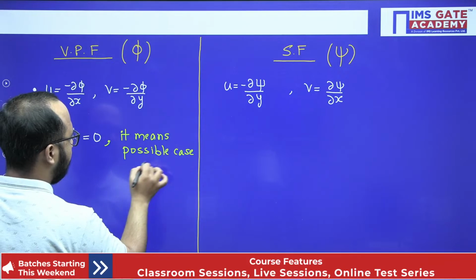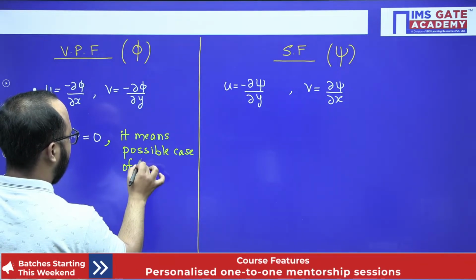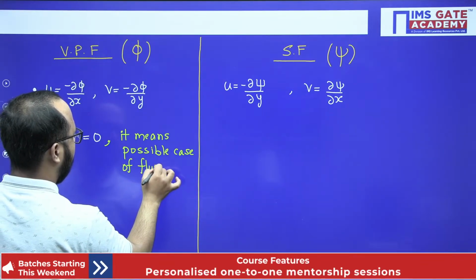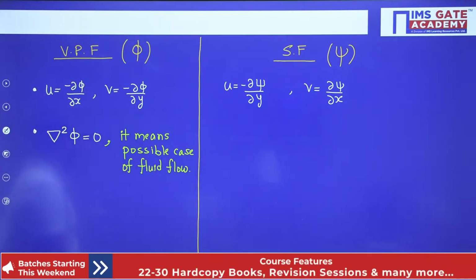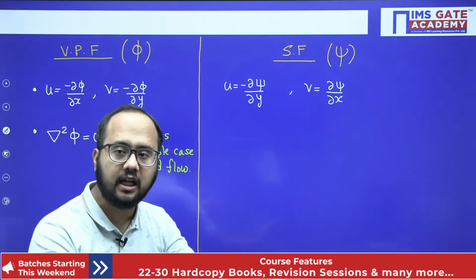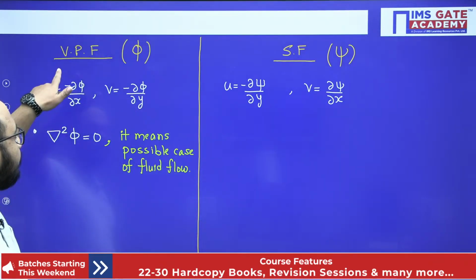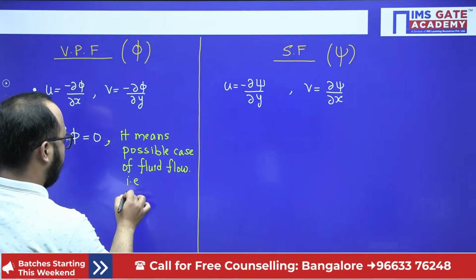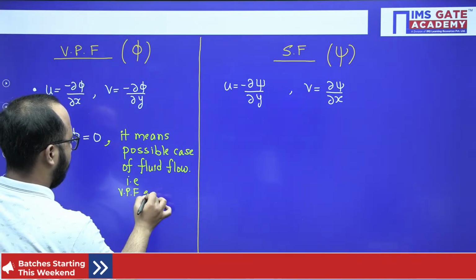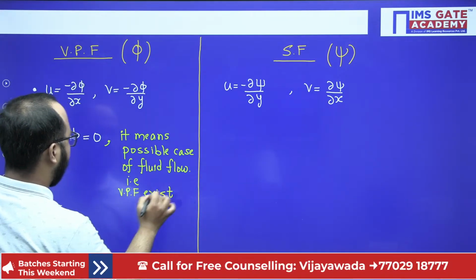It means possible case of fluid flow, because if it is satisfying the Laplace equation, it means it is satisfying the continuity equation. So it means VPF will exist. That is, VPF exists.